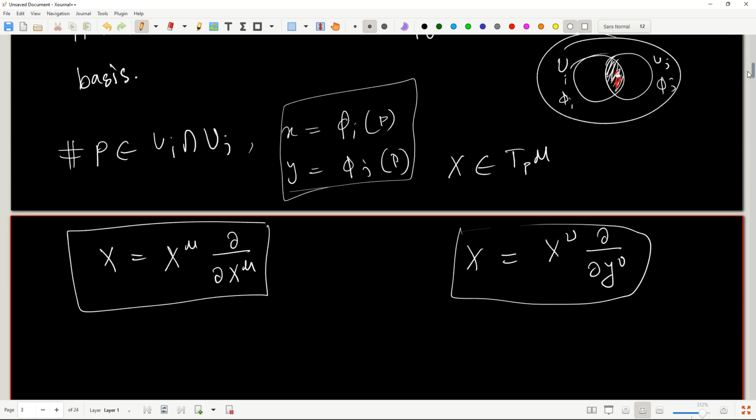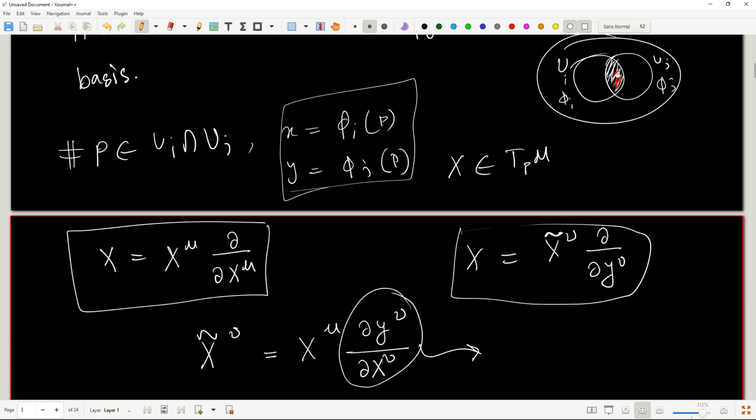So then, by applying a simple chain rule, we can see that this component over here, so let me use a tilde notation so that you don't get confused, these two components are related by the following. And this guy over here is nothing but the coordinate transformation matrix.